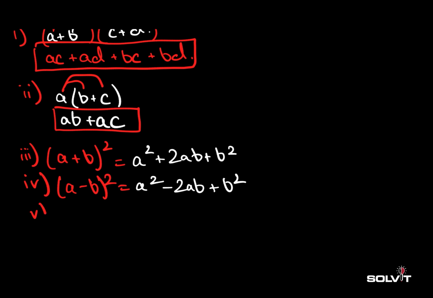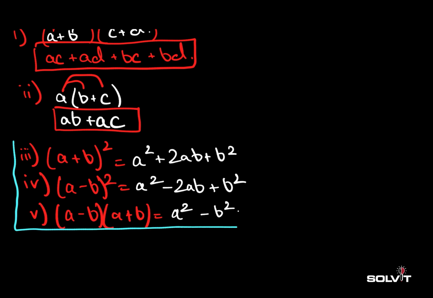Let's suppose I have something like (a minus b)(a plus b), that means the same terms but with a different sign. This is going to be expanded as a square minus b square. So guys, these three things are also known as famous algebraic identities.